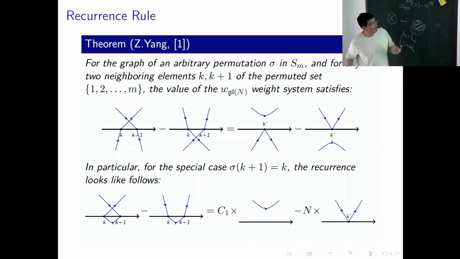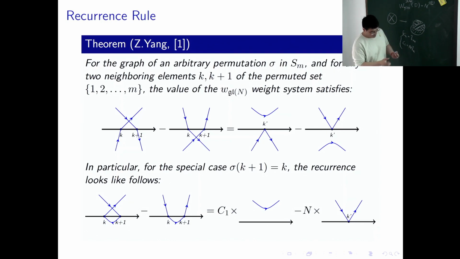So by this theorem, we can calculate the weight system on permutations by a recurrence relation, because you can always switch the places of two neighboring vertices, and the difference is a lower number of permutations, so the rank of the permutations is lower.